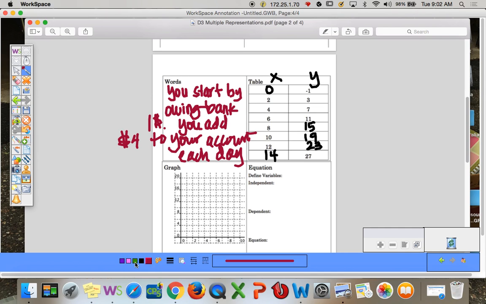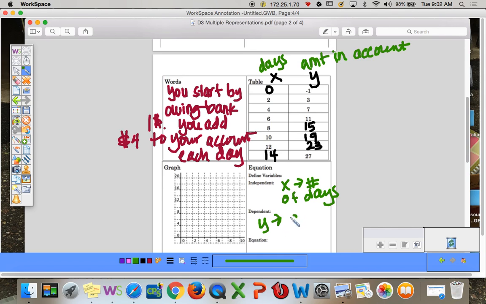Okay, so if this was the case, then x would be the number of days, and y would be the amount in your account. And our independent variable again would be number of days. Dependent would be amount in the account.